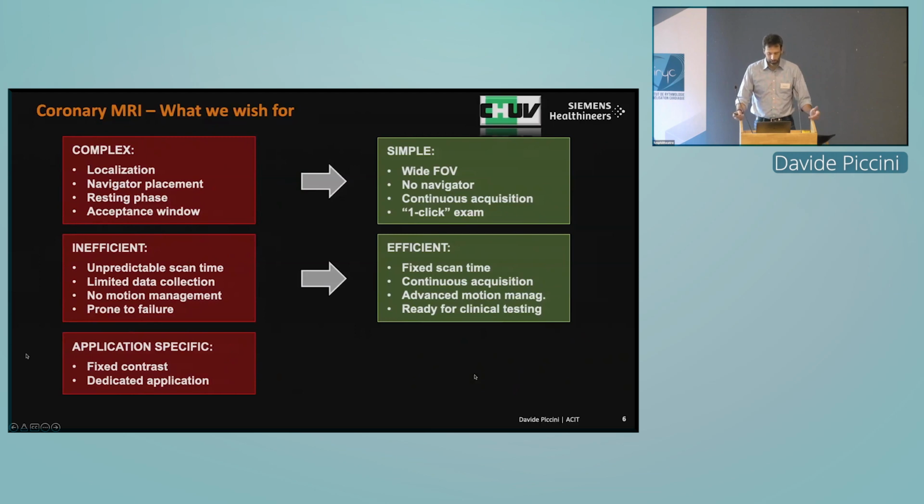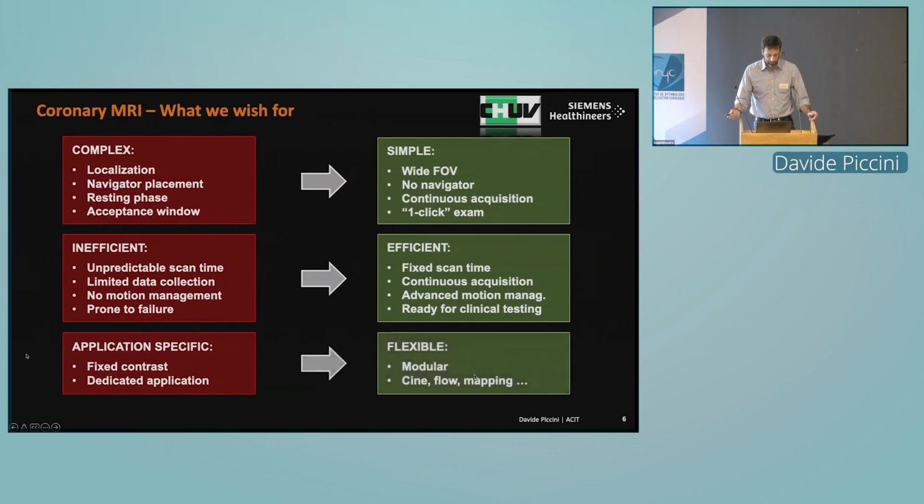An acquisition that is continuous, so that you use all the data you can get. And then a motion management that is advanced and not just waiting for a resting phase, and then ready for clinical testing. And then obviously that could be a bit more flexible and modular, so you can exchange some of these building blocks and get different acquisitions and contrasts.